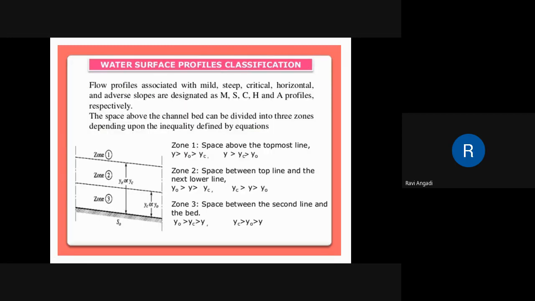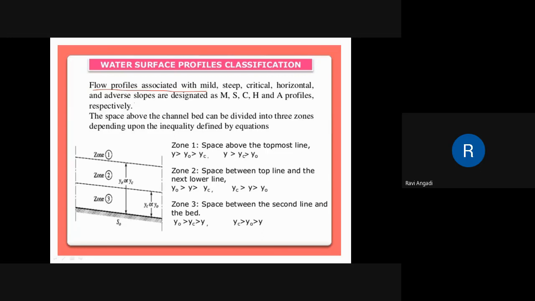Then coming to this one, water surface profile classification: how the water surface profile can be divided into different zones, how it can be understood. As we discussed previously, there are different types of channel bottom slopes: the mild, steep, critical, horizontal, and adverse slopes.